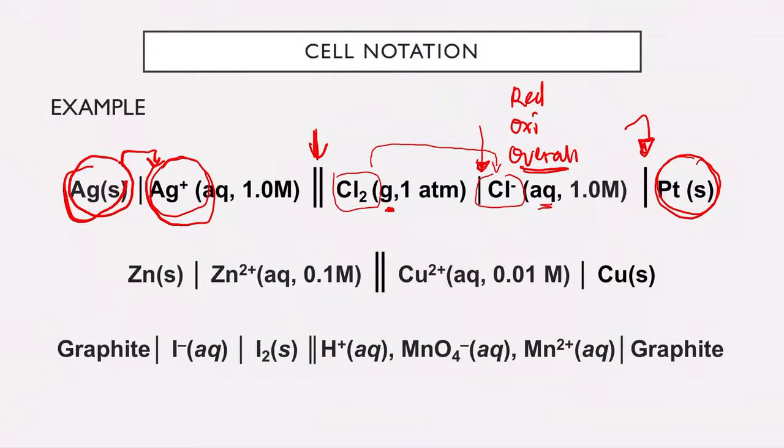So here you have H plus aqueous, manganate ion aqueous, and manganese ion aqueous. So for the same phases of substances in the cathode half cell, you will use comma. Okay, so you don't need to put any of this palang. Itu untuk phase boundary. So graphite ni is actually carbon solid kan, so that's why you have this phase boundary.